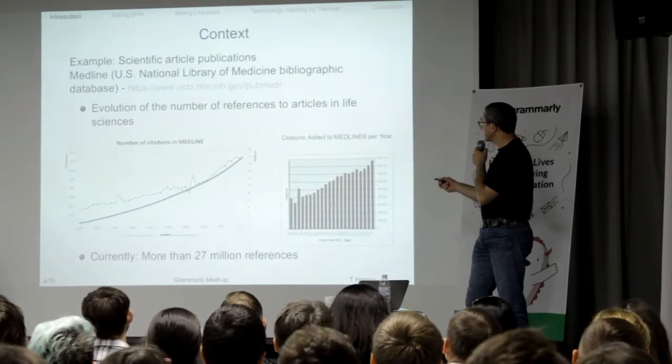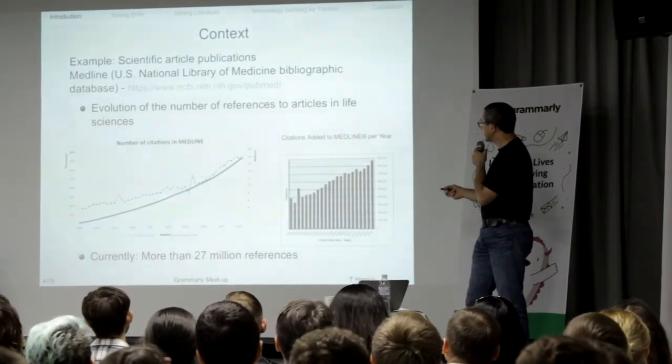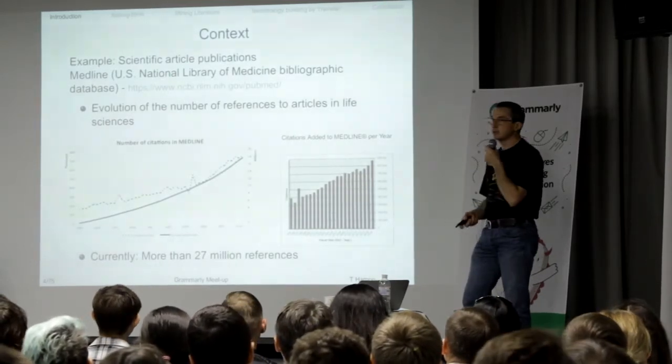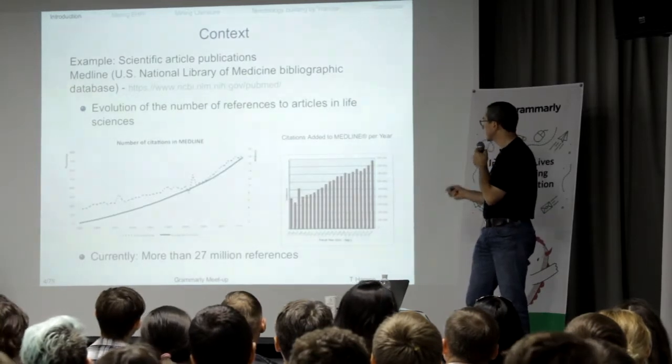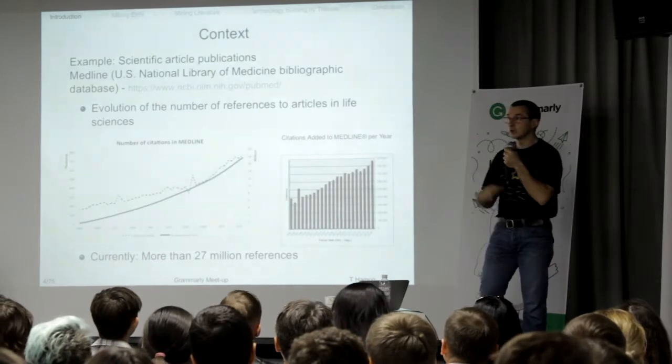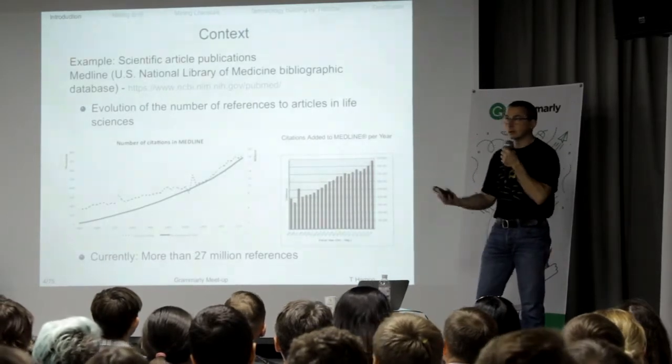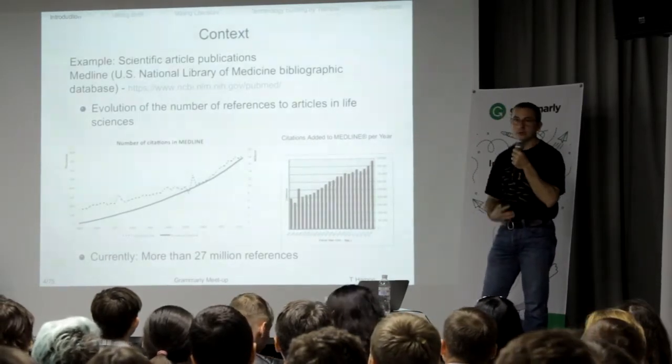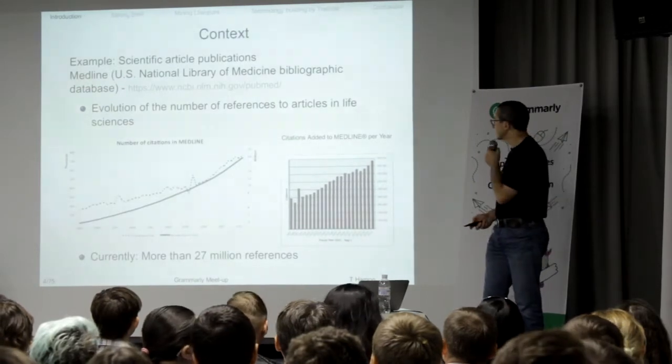And here you have the curve of the citations added to the Medline portal per year. So it increases everywhere, so it can be difficult for any scientist to read or to find the good information.